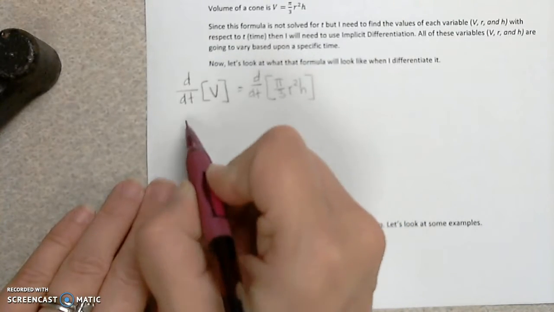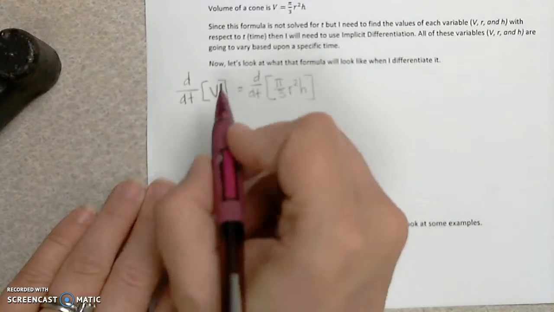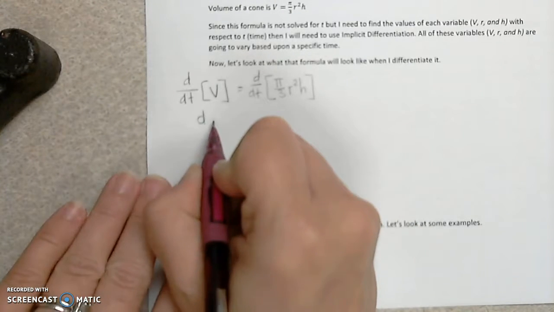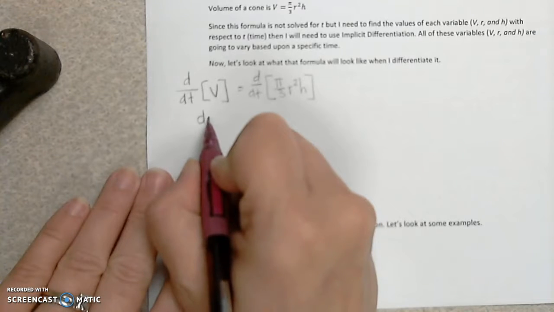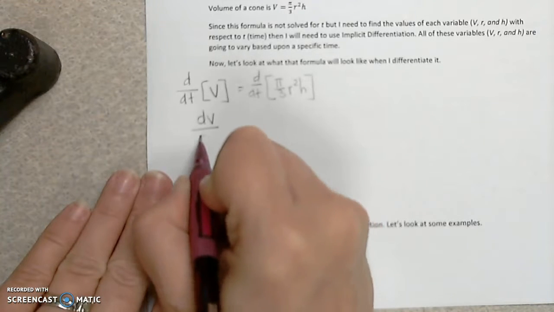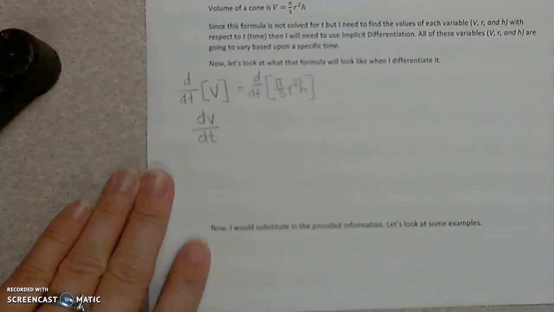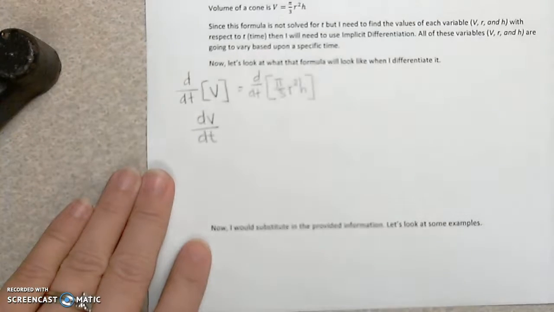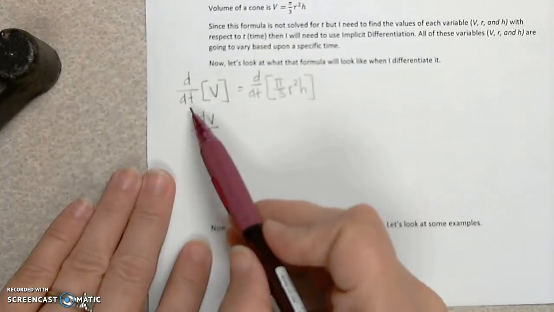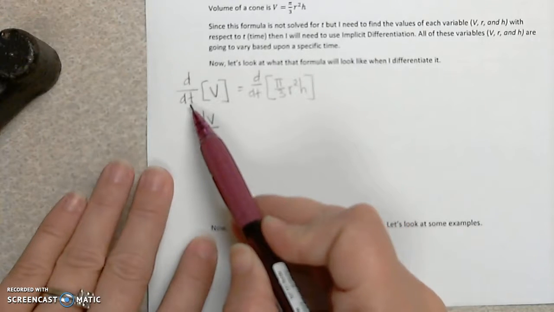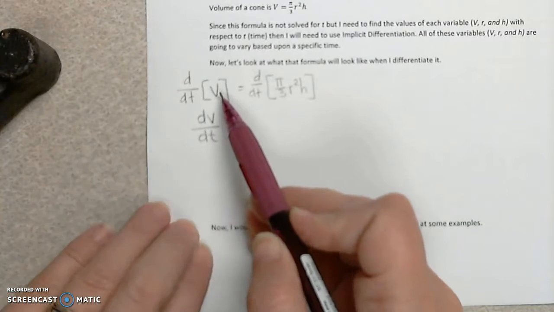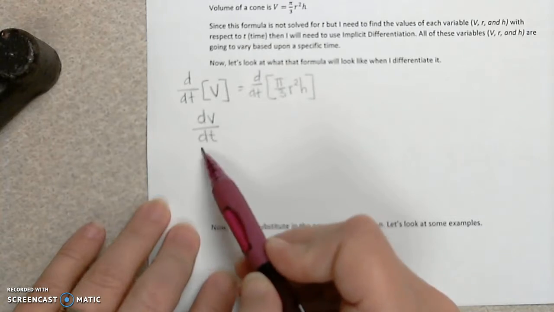If this is not the same as this, then my derivative would be 1 times the derivative of V with respect to t. Remember how we did it in section 2.5: if I were taking the derivative with respect to x of y, it was dy over dx. Now I'm taking the derivative of V with respect to t. These two things don't match up, so I have to write the derivative of V with respect to t.